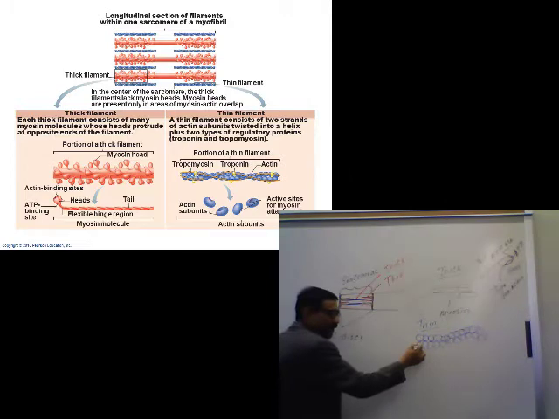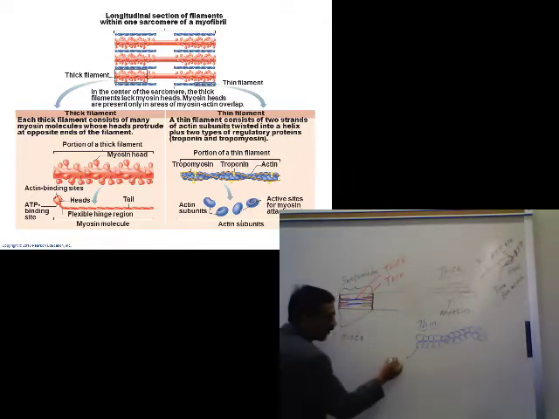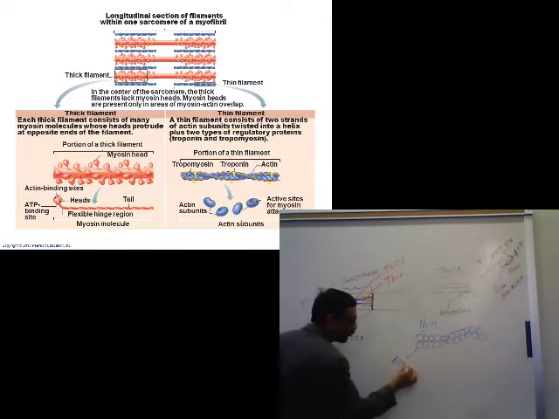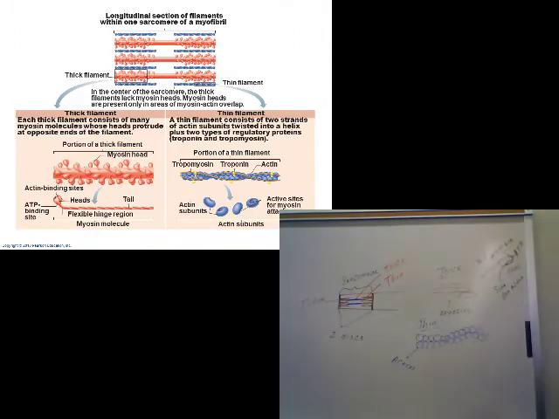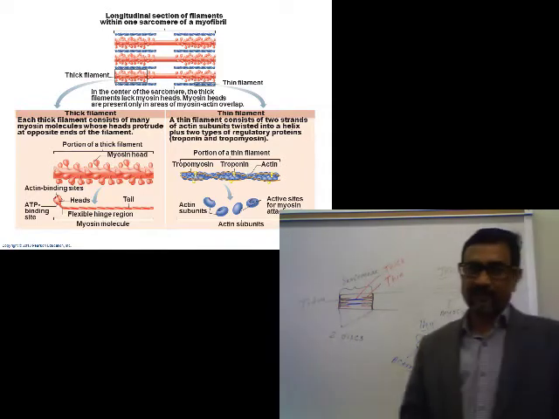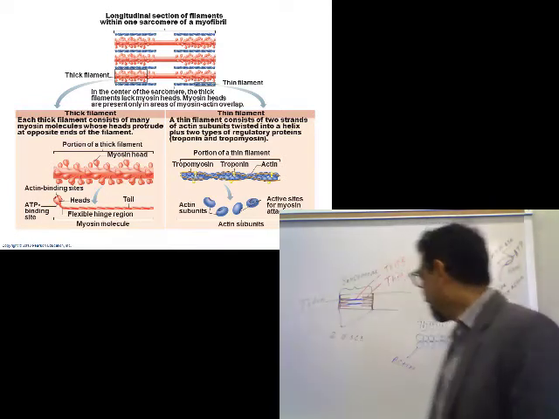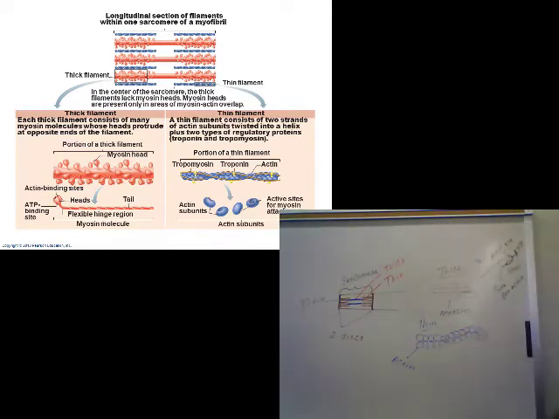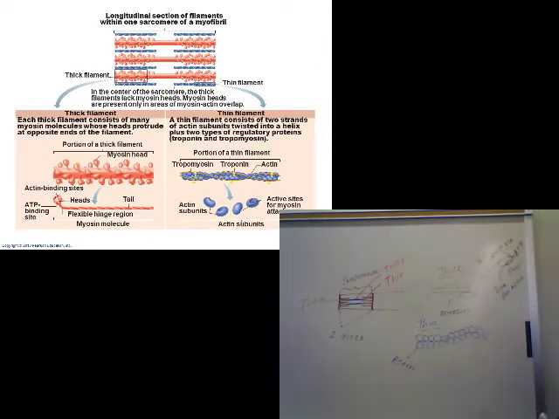And the chains are formed by many round protein structures. Each round protein structure is called an actin. So many actin balls join together to form two chains, and those two chains together form the thin filament. Okay, so this is the structure of a thin filament.